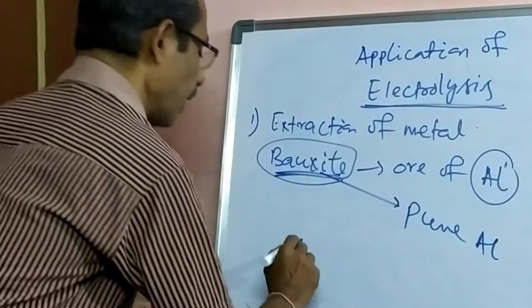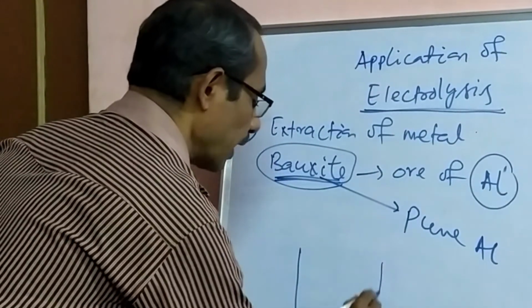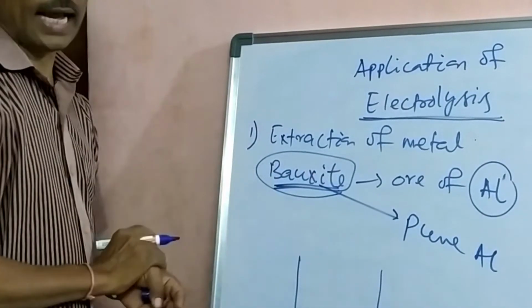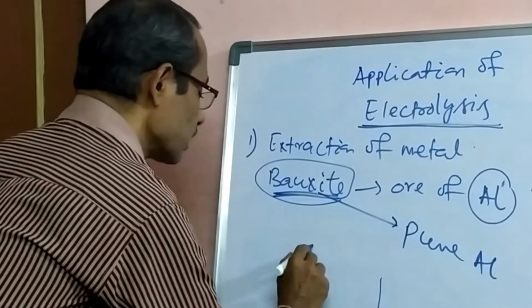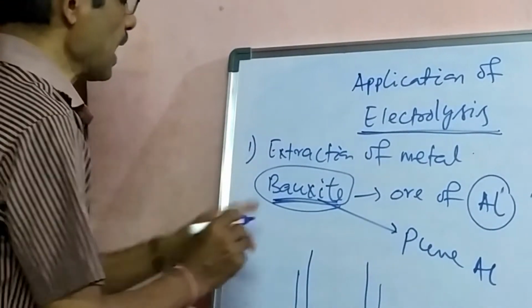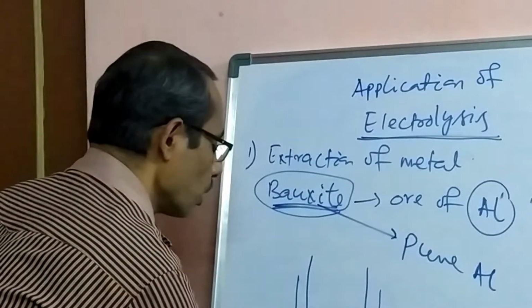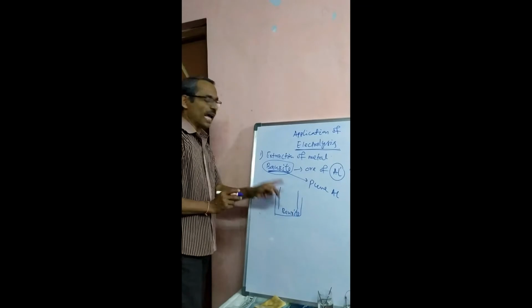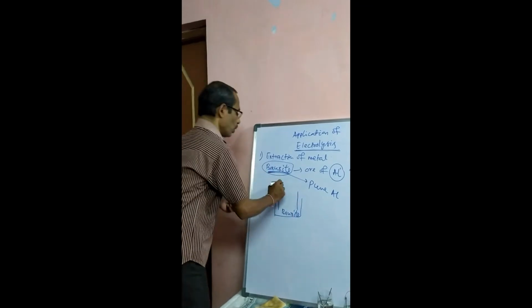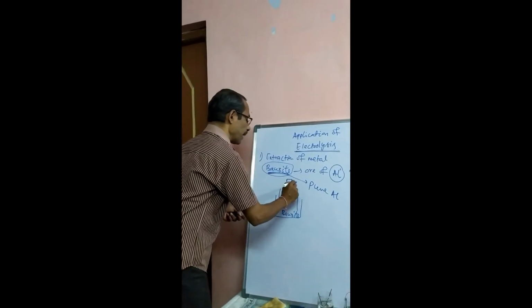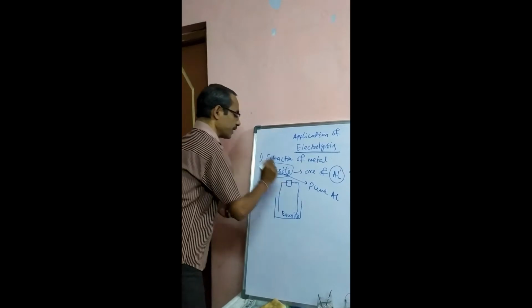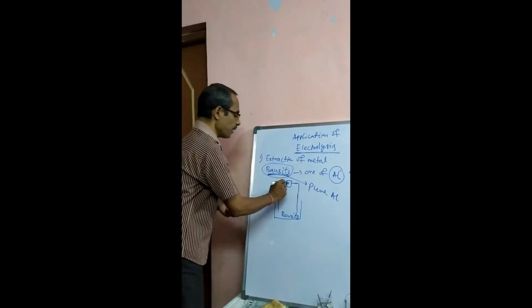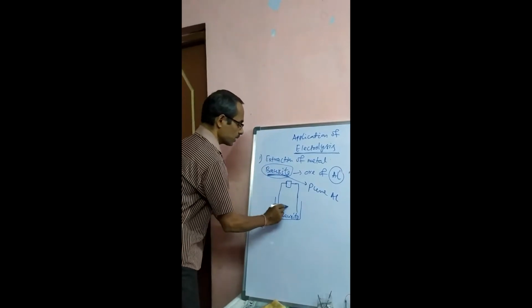I will give a rough diagram. So here what you do, same thing. Take one electrolytic tank, right? Similarly put 2 electrodes and put your bauxite, which is nothing but the ore of aluminium. Now when the electrical energy is applied from a battery, then what happens?